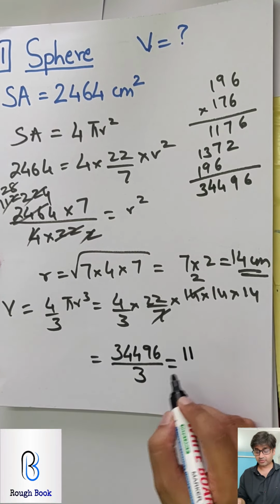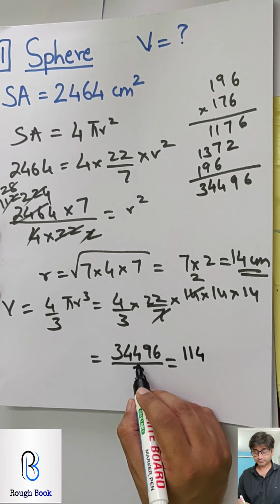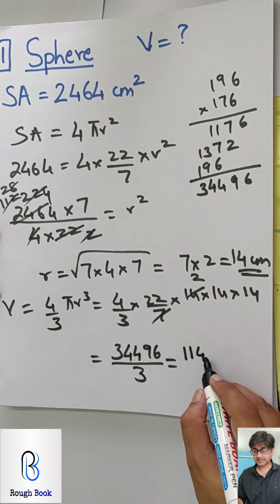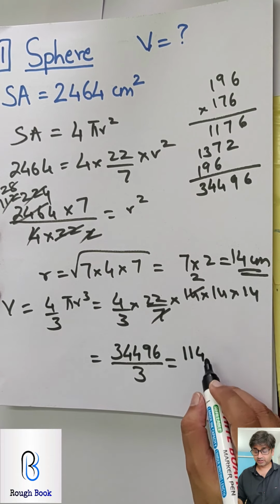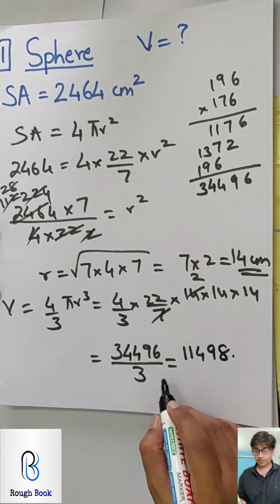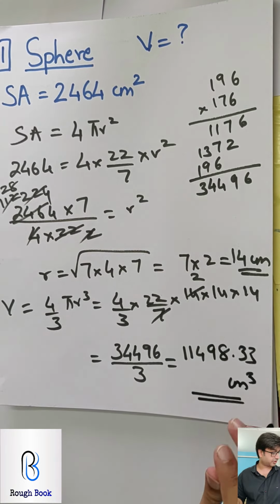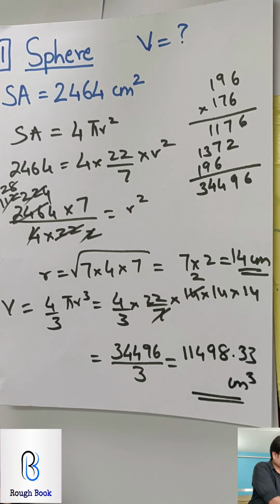So I will get 11498 and then 0.67 centimeter cube. I hope I have got the answer correct. I just wish to check this so that I don't happen to teach anything wrong.